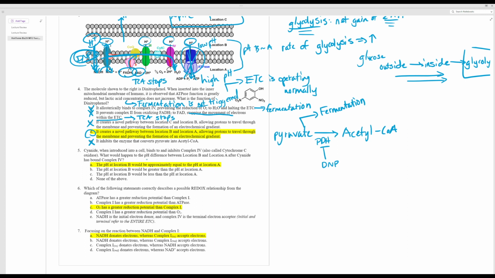Okay, question 5. Cyanide, when introduced into a cell, binds to and inhibits complex 4, also called cytochrome C oxidase. What would happen to the pH difference between location B and location A after cyanide has bound complex 4? So, when cyanide binds complex 4, what this does is it prevents electron transfer to O2.